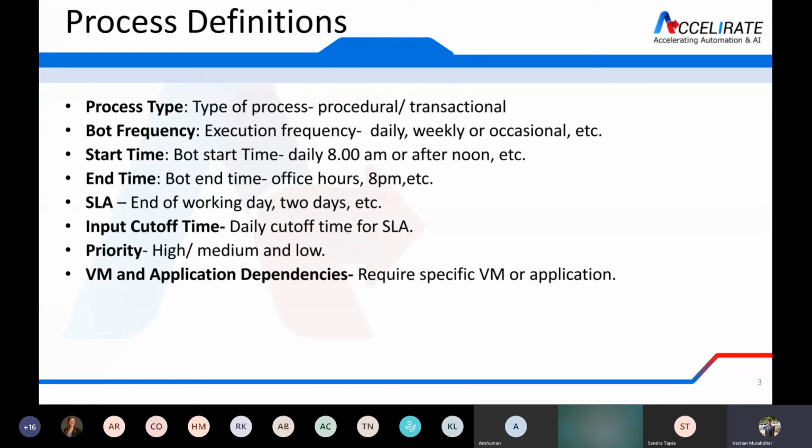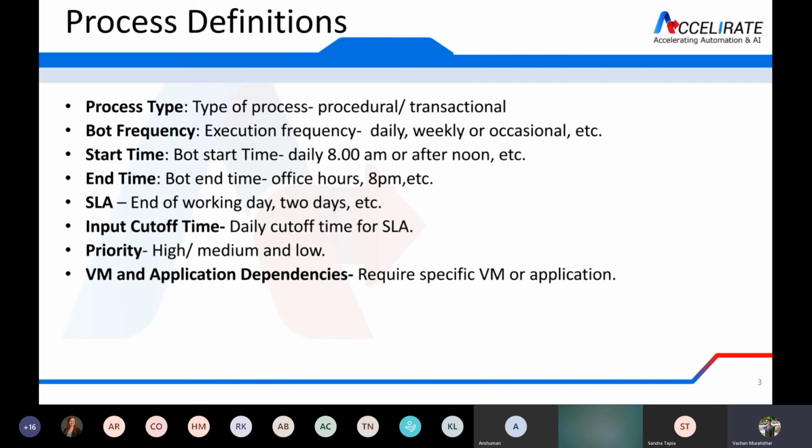SLA is the service level agreement dependency. These SLAs are set by the business for the bot, so it's more like a deadline. If we get a transaction for a certain process, how much time do we have to complete the transaction?